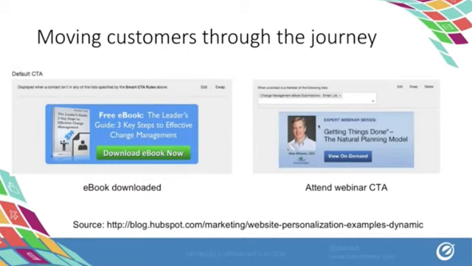So subsequently, when they would come back to the site, if they were on that list, they wouldn't see the ebook offer again because it wouldn't make any sense. Instead, they'd see the next step in that customer journey, which is attending a webinar in this case. So if you do have marketing automation data, and very often it does capture the depth of engagement of any particular lead, integrating that into the user experience and your optimization platform could make for some very interesting A/B tests.